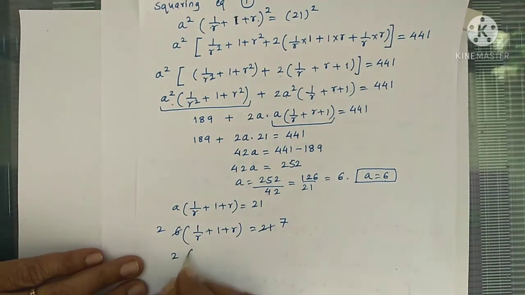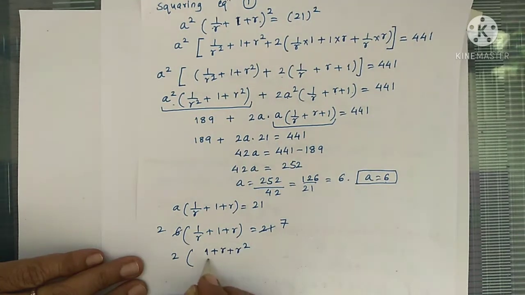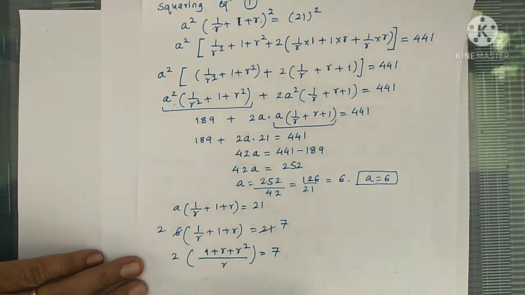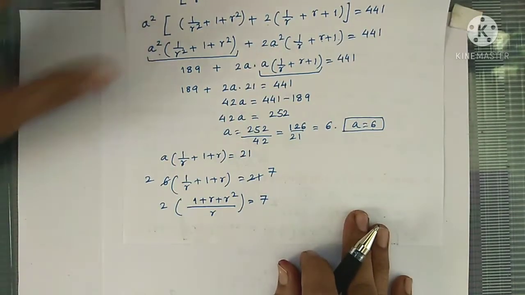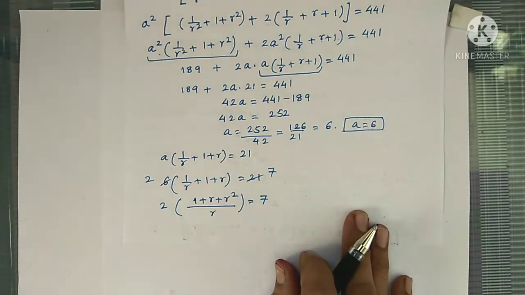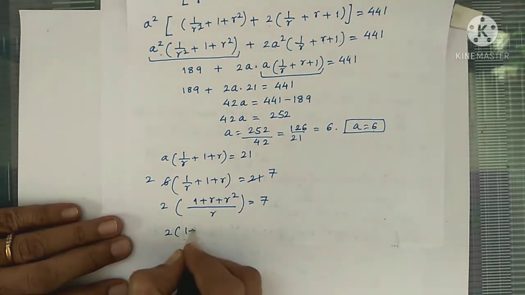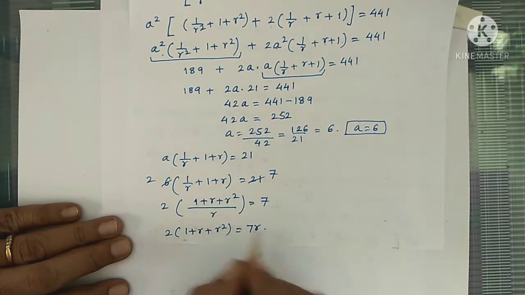So adding this, we have 1 plus r square divided by r equal to 7. Now let's cross multiply this. So cross multiplying, we get 2 into bracket 1 plus r square equal to 7r.